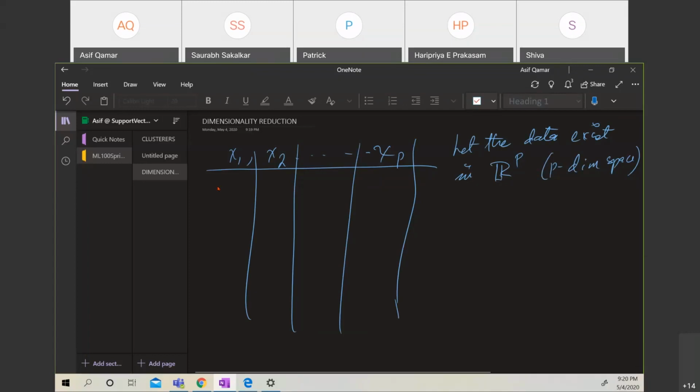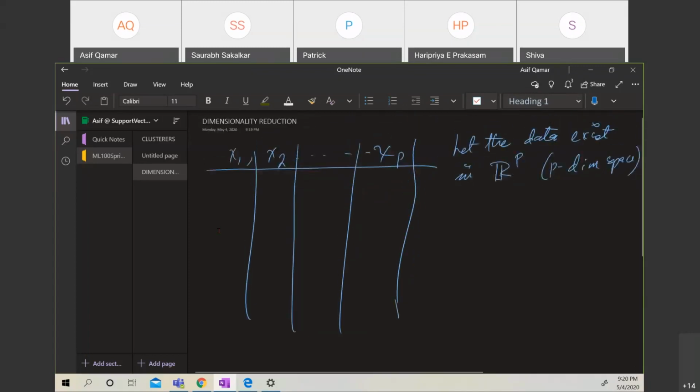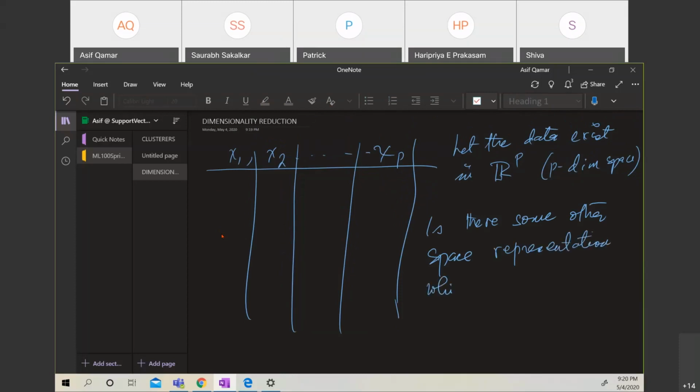Now, the question that dimensionality reduction asks is, is there some other space, a space representation, which is simpler, or has less dimensionality? Now, what does that mean? We're going to answer that question.